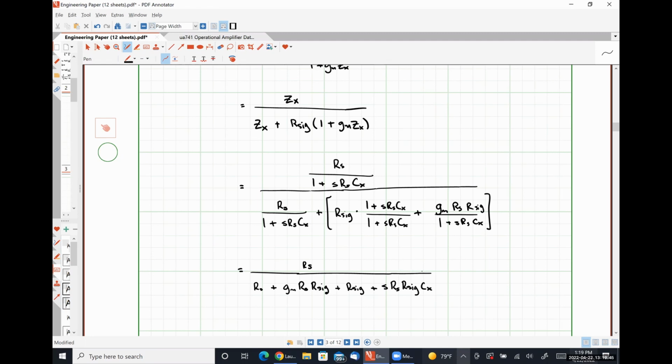The algebra there. Okay. So this RS comes from this term, canceling out the denominator. The GM RS R sig comes from this term and canceling out the denominator. Then I have R sig times 1, which is where this guy comes from. And then I have R sig times S RS CX, which is where this guy comes from.